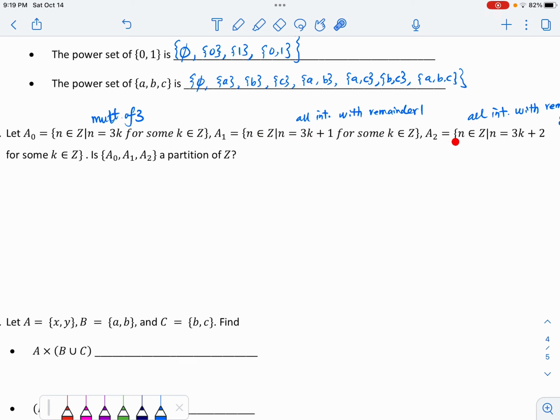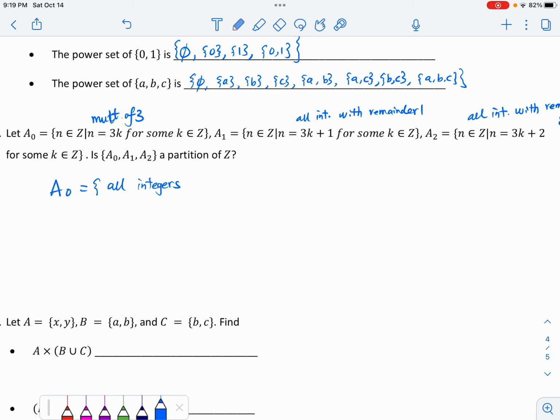Is the set of these 3 sets a partition of Z, all the integers? Yes, definitely, because A0 contains all integers that are multiples of 3, which means the remainder is 0 when you divide by 3, right?